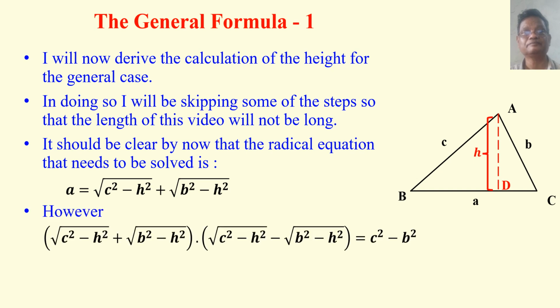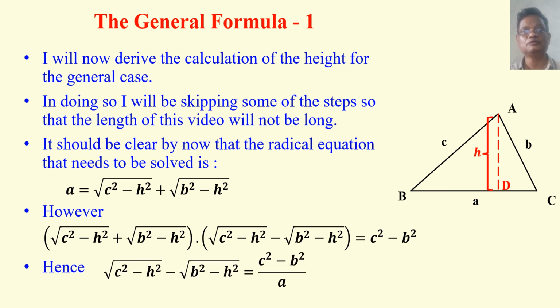However, the product of square root of c squared minus h squared plus square root of b squared minus h squared and square root of c squared minus h squared minus square root of b squared minus h squared is equal to c squared minus b squared. Hence, square root of c squared minus h squared minus square root of b squared minus h squared is equal to c squared minus b squared divided by a.